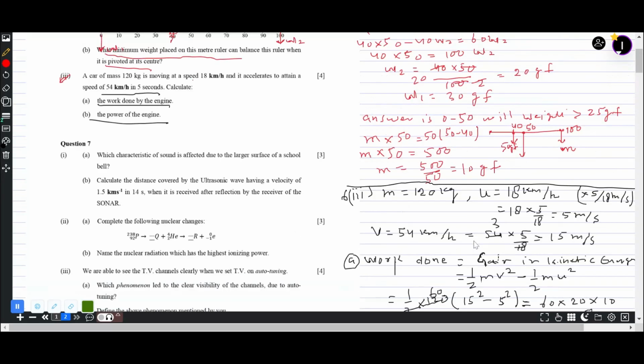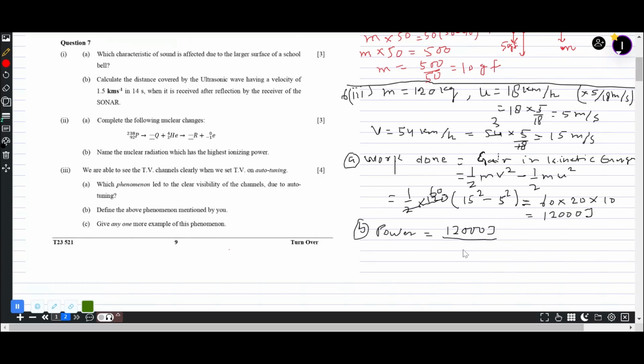Time taken was 5 seconds. So what is 12,000 upon 5? That is 2400, and power is measured in which unit? Watts. So the answer is 2400 watts.